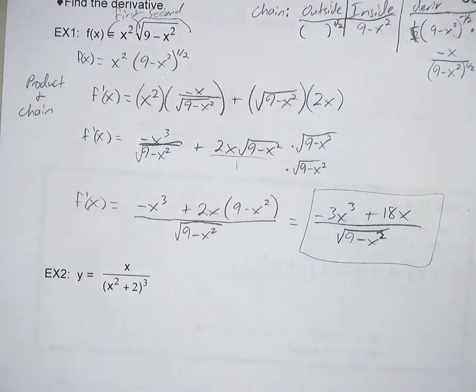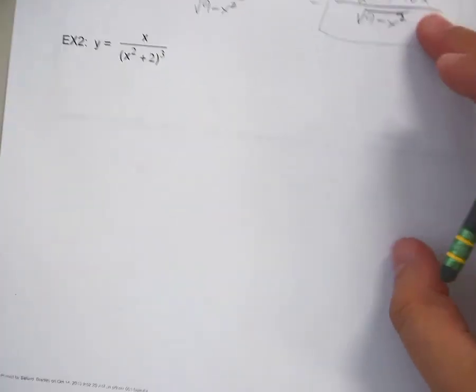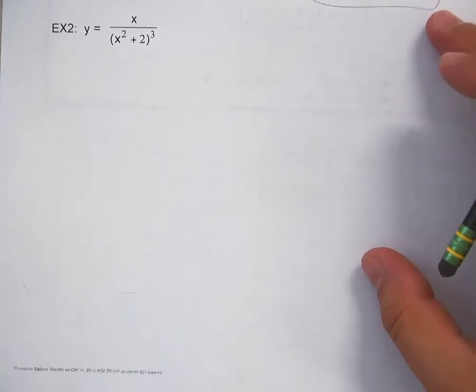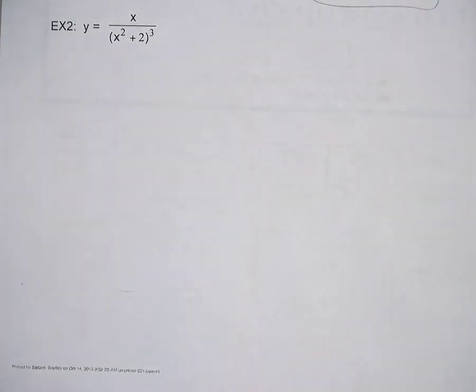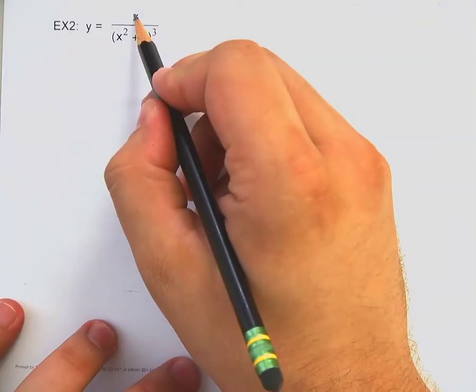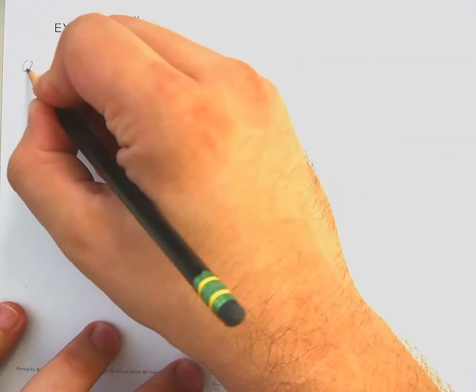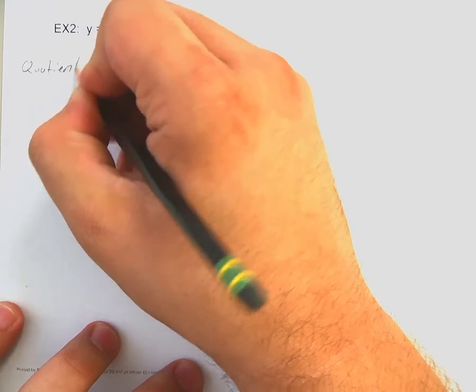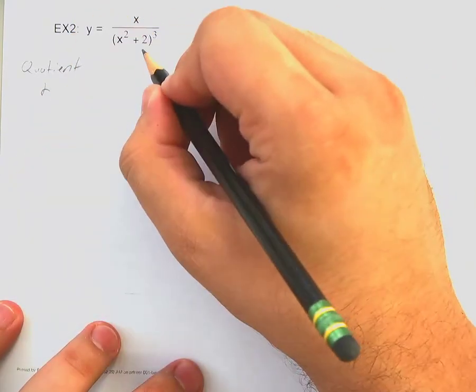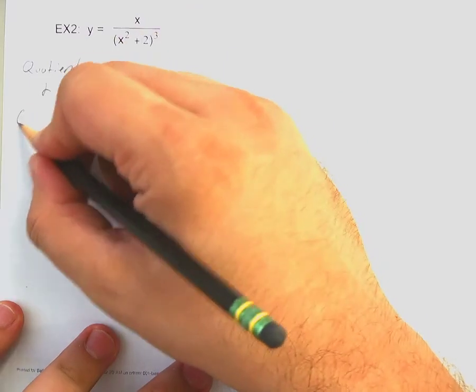Let's do this on example number 2. Now there are two methods. Oh, it's raining outside. There are two methods to doing example number 2. I'm going to tell you both, and I'm going to do only one of them. The first method is to set it up as a quotient rule, and on the bottom here, a chain rule.